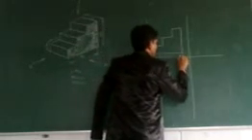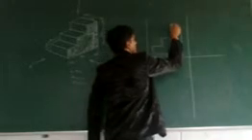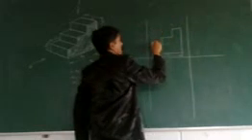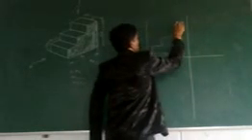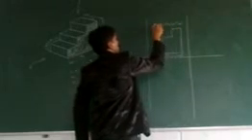This is the 90, and show these dimensions individually. This is 30, this is also 30, and finally it is also 30.